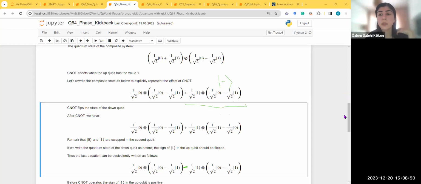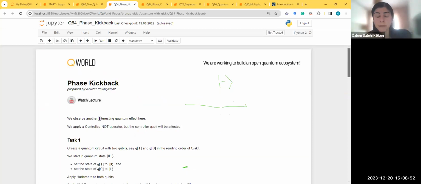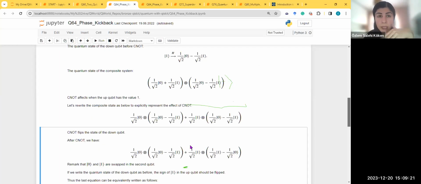And this was just to give you another idea about what can happen when you work with quantum states. So yes, CNOT is changing the target, but if you put some other gates in between, this might not always be the case because something called phase kickback might happen. In this notebook, we also see how we can modify the states.